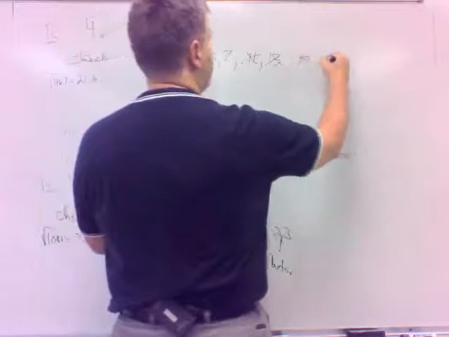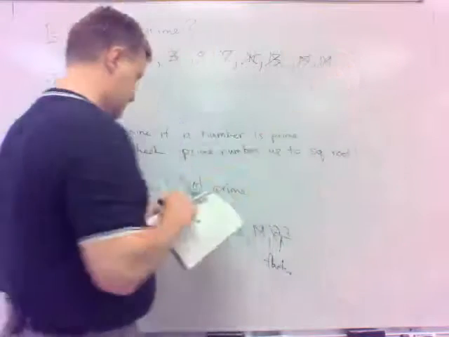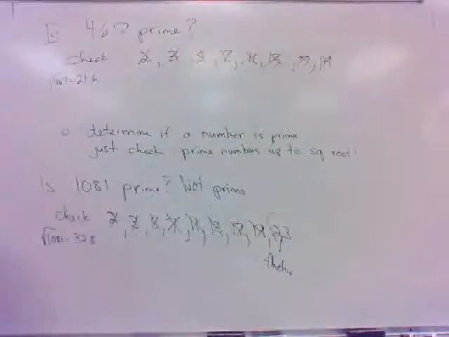No. 19? No. I've reached the square root. There's no more primes less than the square root. None of them are factors. So I can safely say what now? 467? That is prime. Okay?